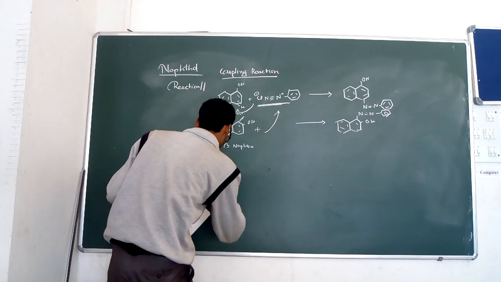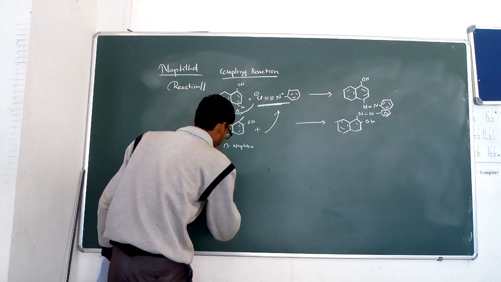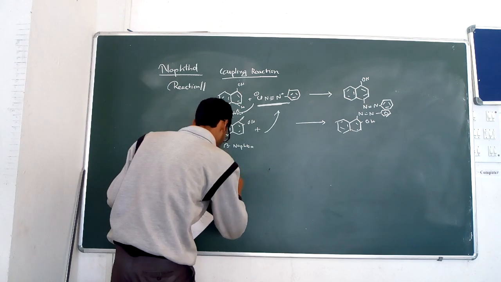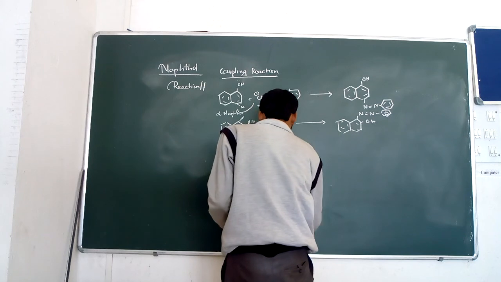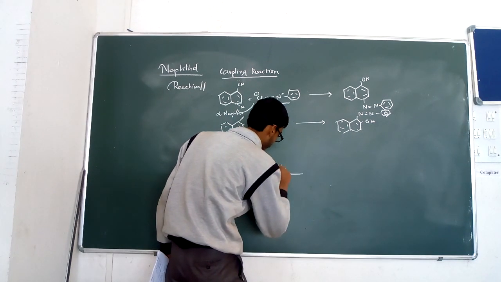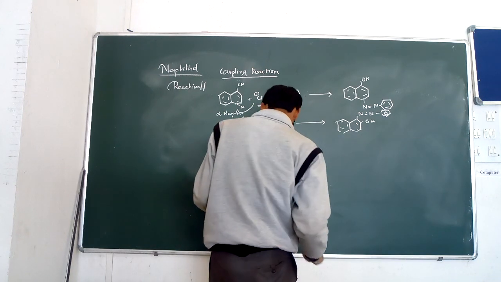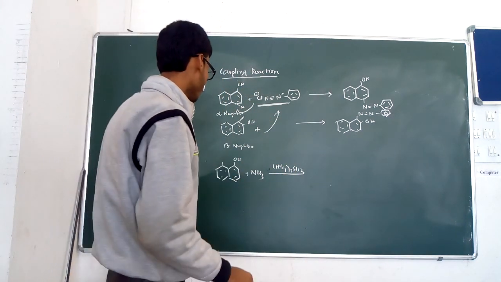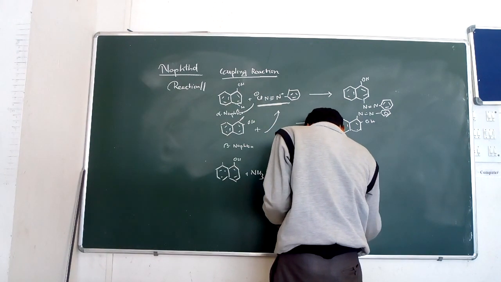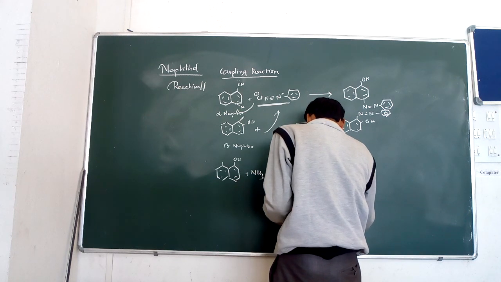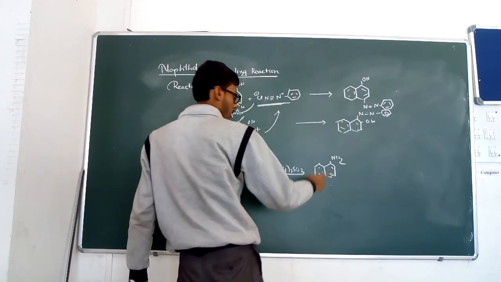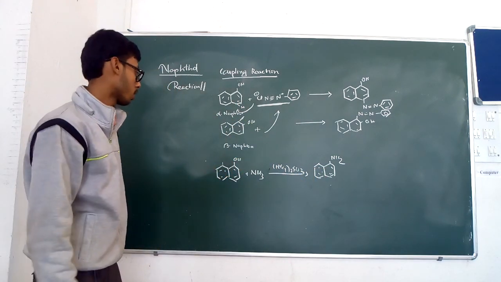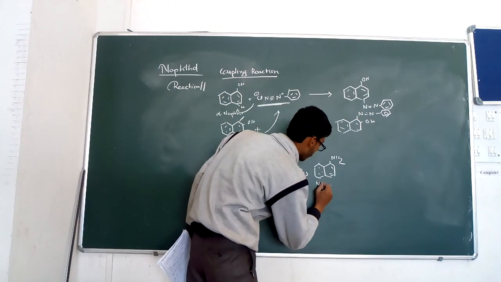When naphthol is treated with ammonia in the presence of ammonium bisulfite, it forms naphthylamine, with the amine group present at the 1 position.